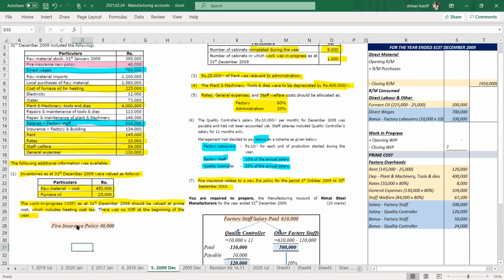Fire insurance policy 40,000. Right, this is paid from 1st October 2009 to 30th September 2010. Can you all calculate and tell me how much is the prepayment?